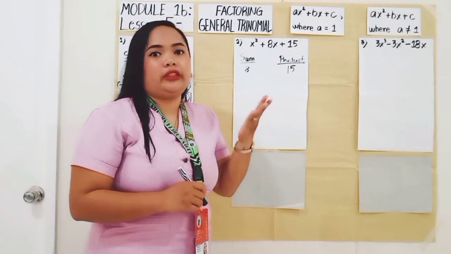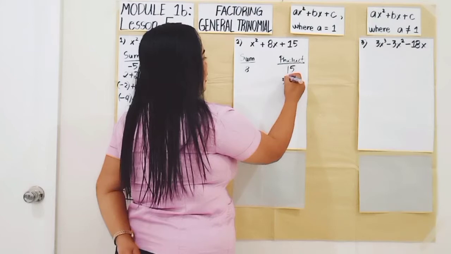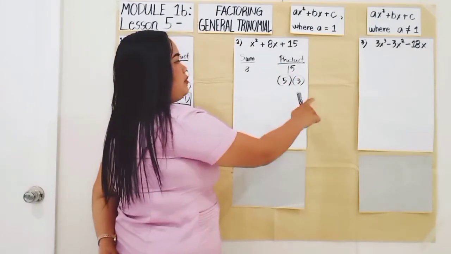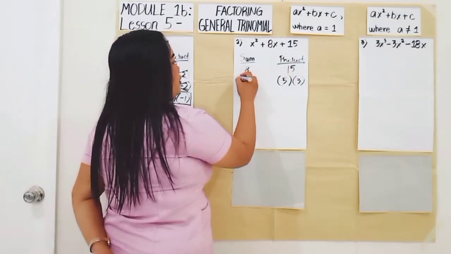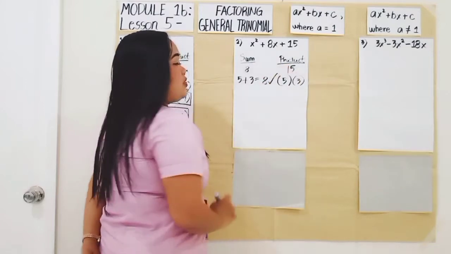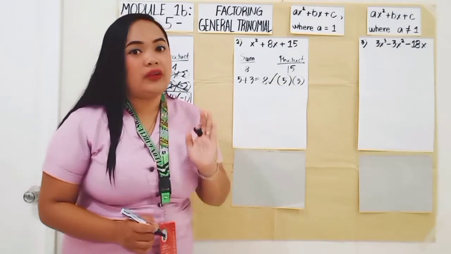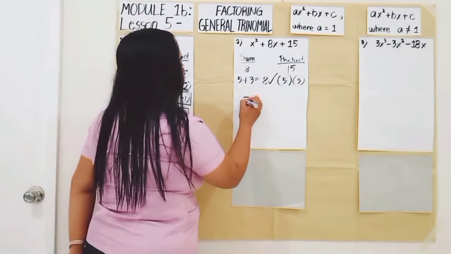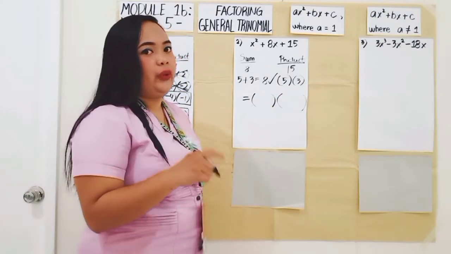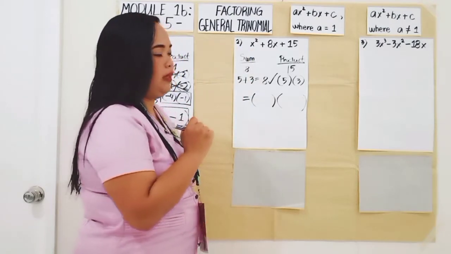What are the factors of 15? So you can use 5 and 3. So 5 times 3 is 15. Now, if you are going to add 5 and 3, that is equal to 8. So obviously, these factors are correct. So we will use these in identifying the factors or the binomials of the given polynomial.